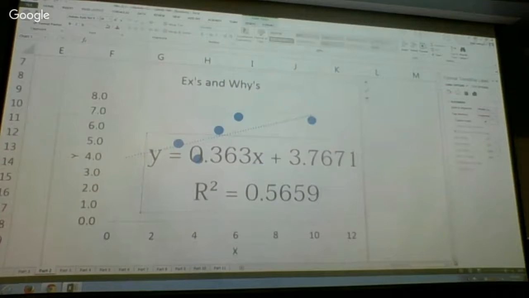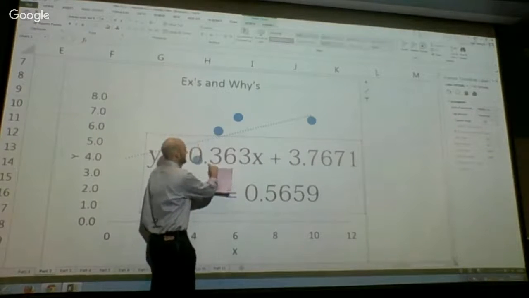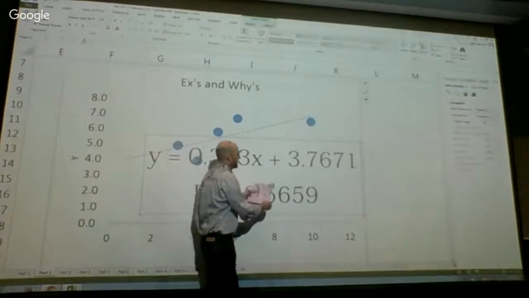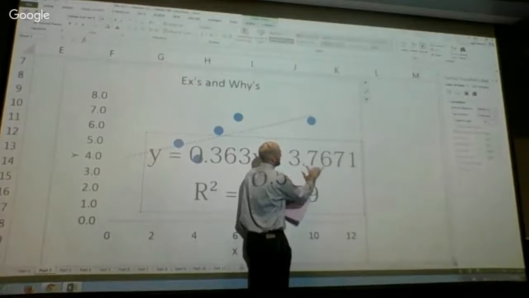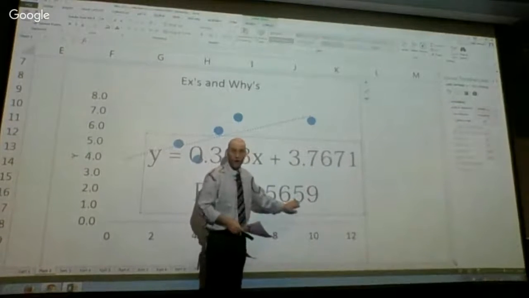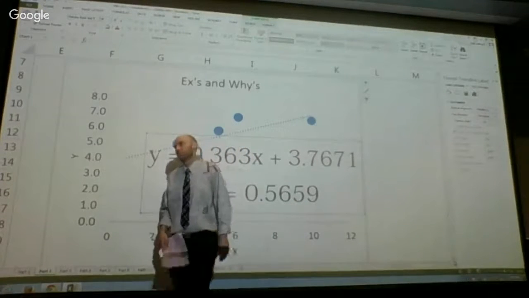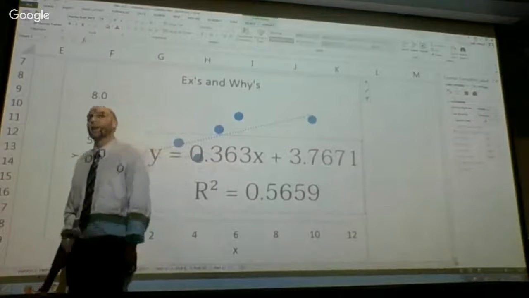And wouldn't you know, all this work that we had to do by hand, there's my 0.36, there's my 3.8, and there's my r squared of 57%. You can take the square root of that and find yourself an r.